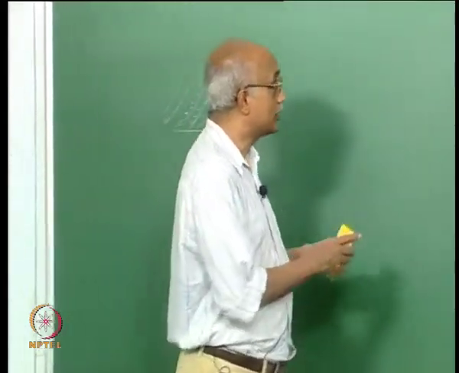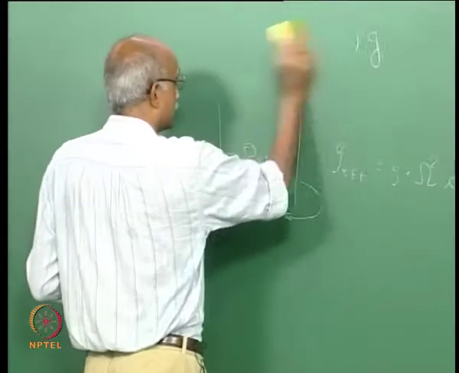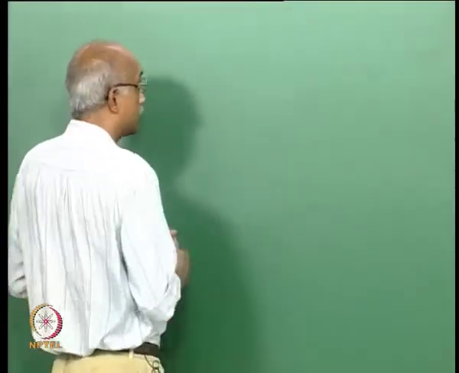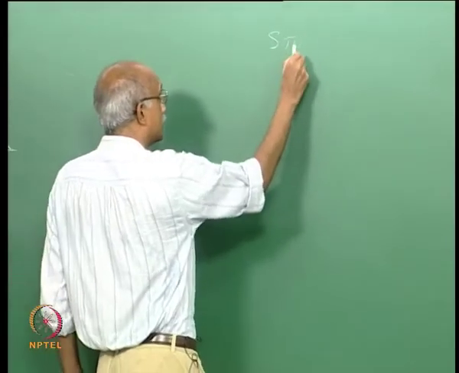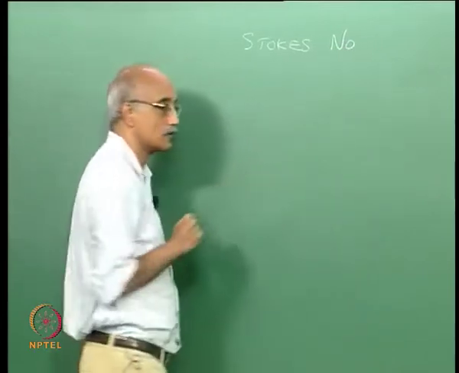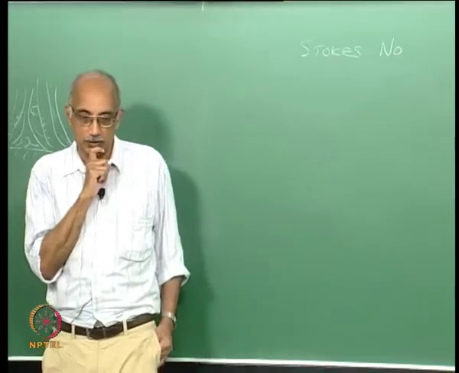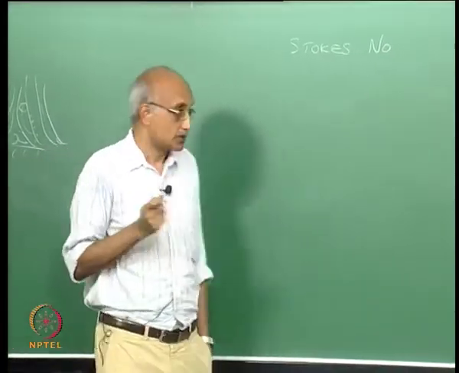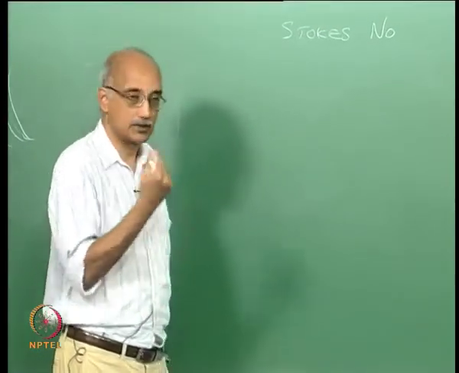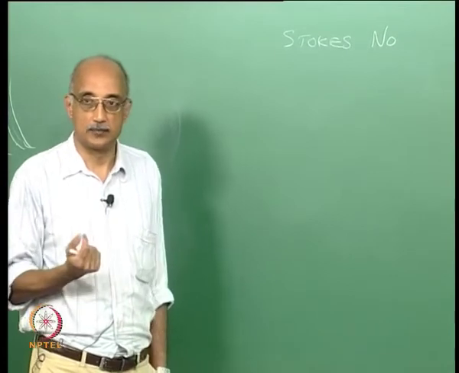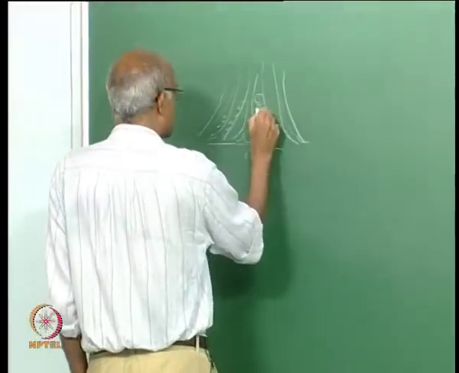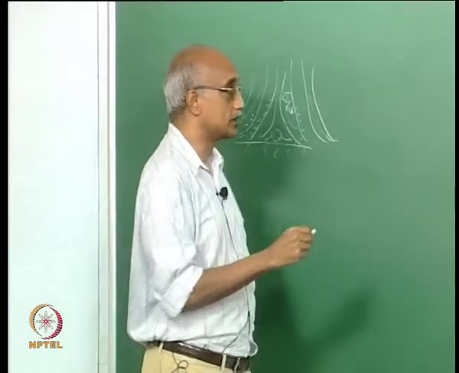The dimensionless parameter that dictates the relevance of inertia is called the Stokes number. So what is the definition of Stokes number? Well, you start with the definition of what is a characteristic relaxation time for the particle. Now let's assume that this particle here starts with an initial velocity of v0.